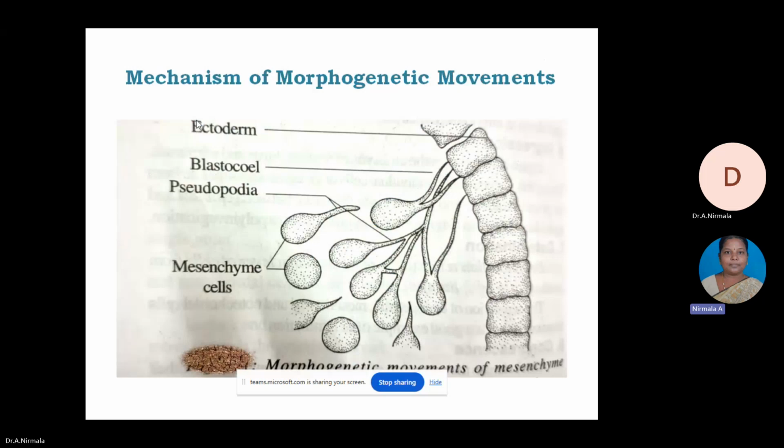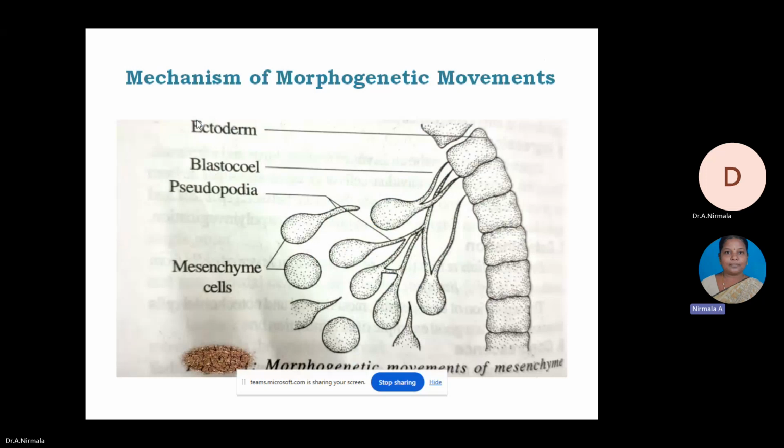Coming to the next, the mechanism of morphogenetic movement. The mechanism of morphogenetic movement of mesenchyme cells in sea urchin was first studied using cinematography by Gustafson and Kinnander in the year 1956. During gastrulation, the inner end of cells at the vegetal pole bulge out and develop many pseudopodia-like structures.